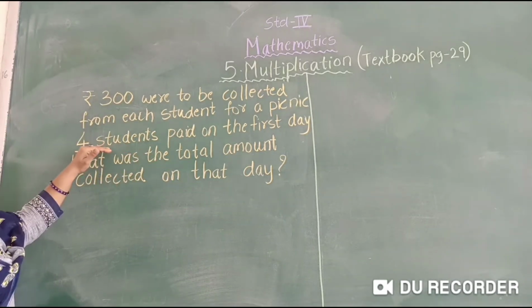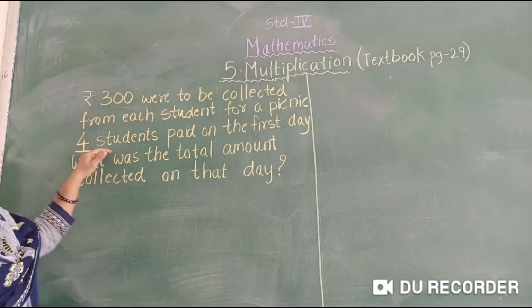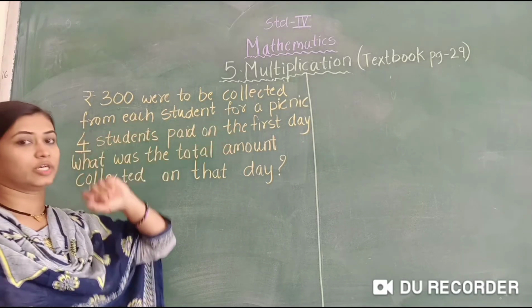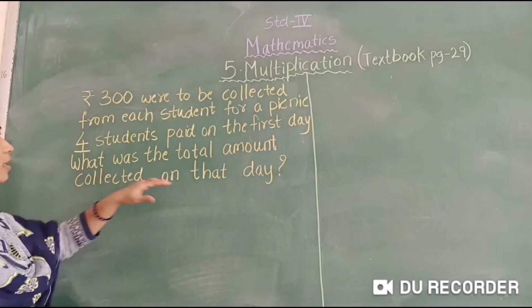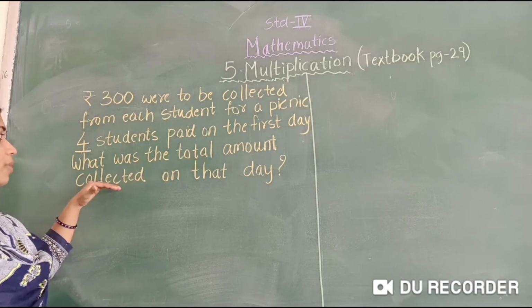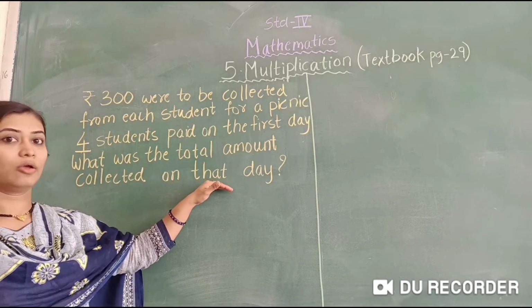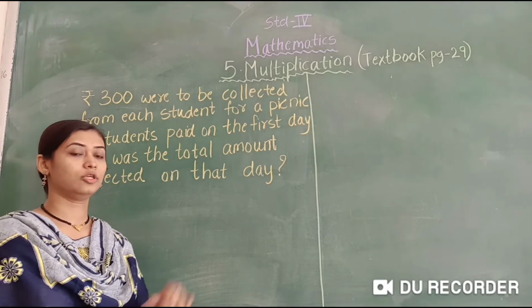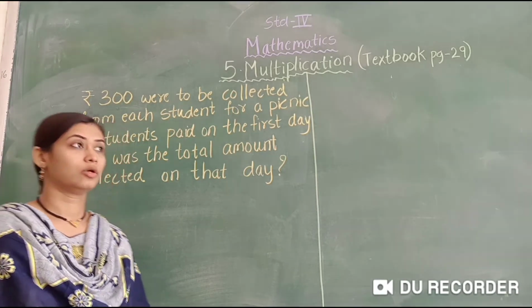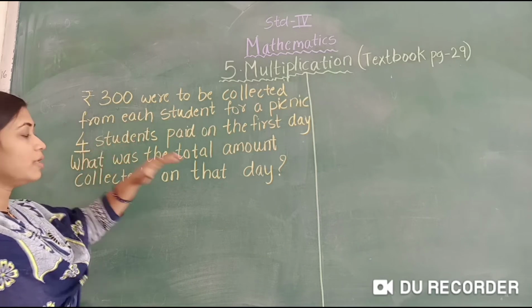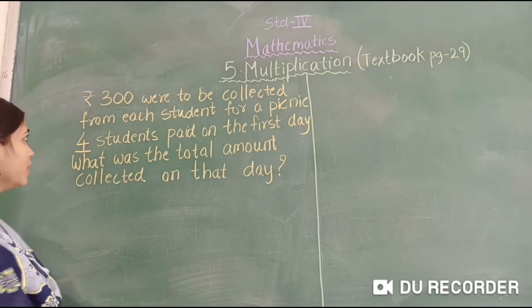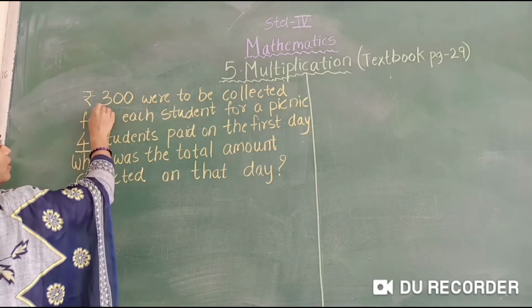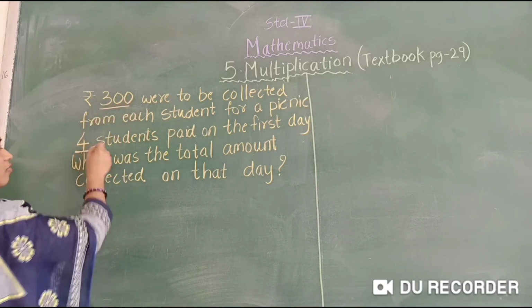And how many students paid on the first day? 4 students paid on the first day. Therefore, what they are asking? They wanted to know the total amount collected on that day. 4 students had paid rupees 300 each. Each of them had paid 300. So, what will be the amount? Here 300 will get multiplied by 4.